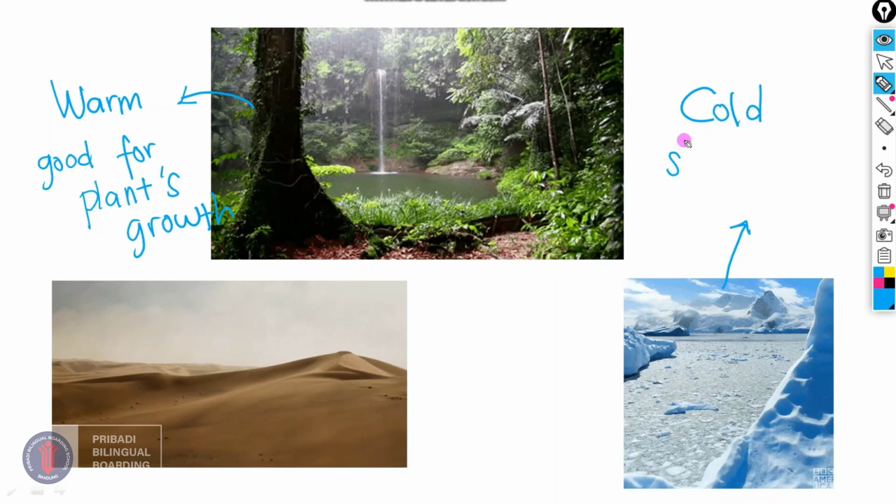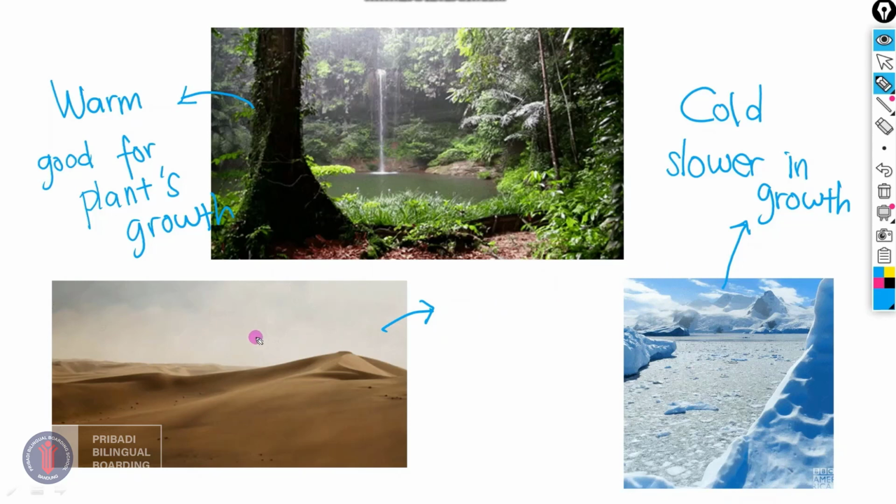Okay, it will be slower in growing, like hibernating, they stop growing, and then later when the condition is suitable for the plants to grow, like it's getting warm and the winter season ends, the plant will grow again.